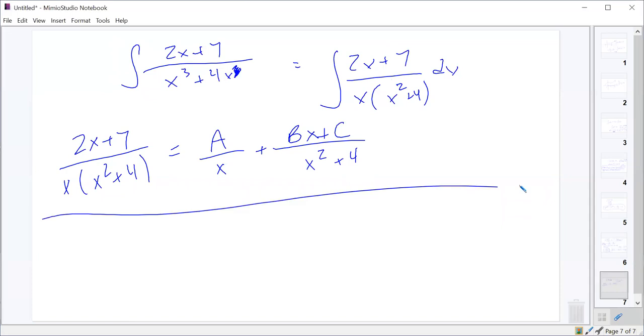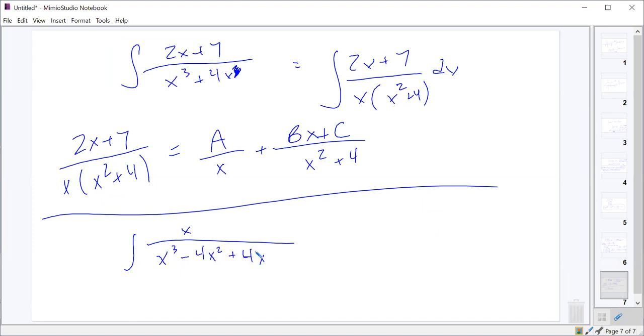Okay. And if we had something like, let's say, the integral of x over x cubed - 4x squared + 4x.